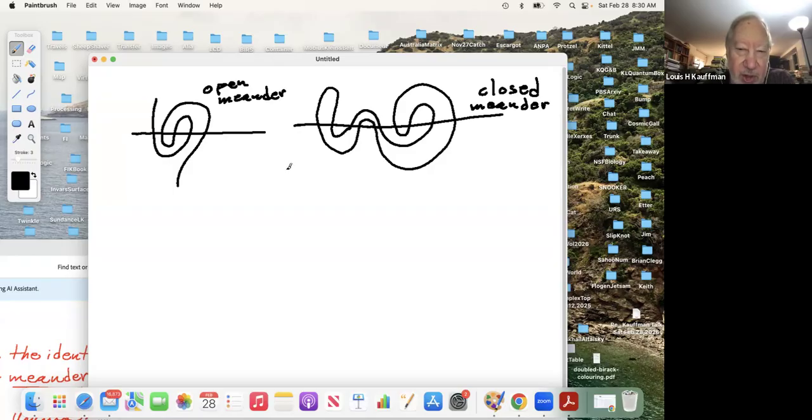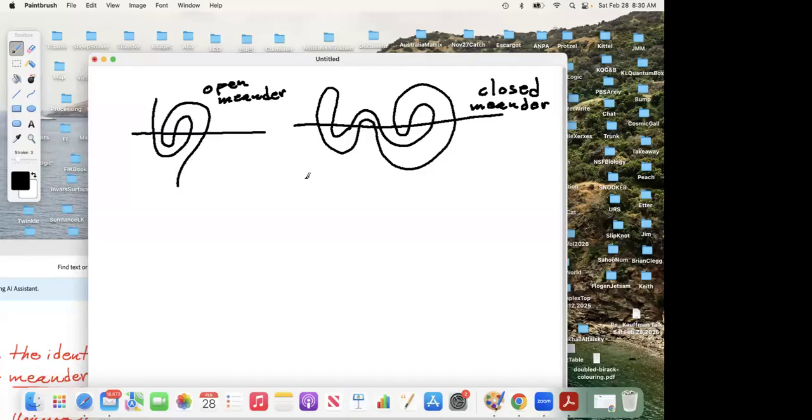And you might wonder, how can I enumerate these? To my knowledge, there isn't a good systematic enumeration of all closed meanders or all open meanders where the structures on the bottom and the top are arbitrary.